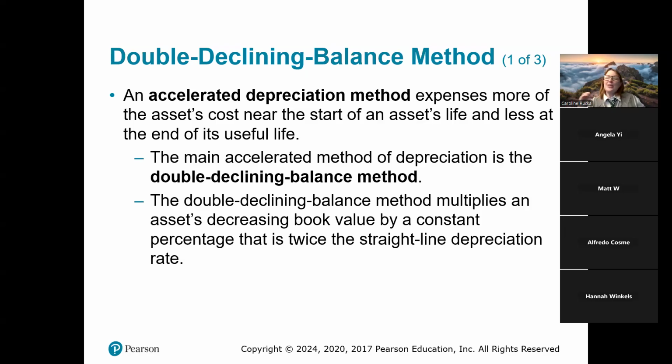So, have you heard that old yarn about how as soon as you drive a new car off a lot, it loses like half of its value? That is not strictly true, but that information is loosely based on double declining balance.